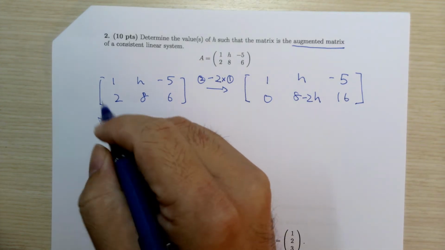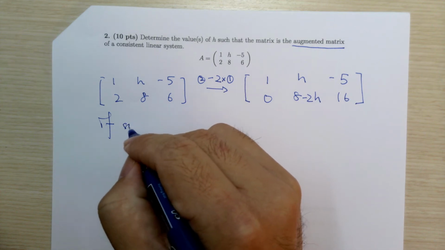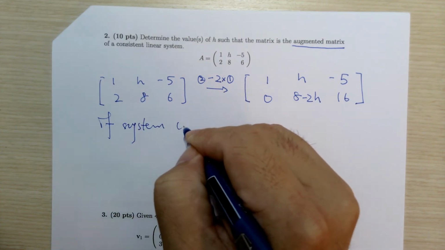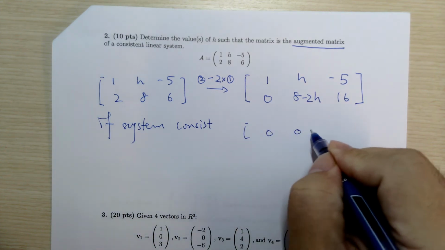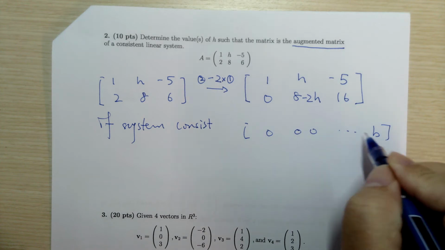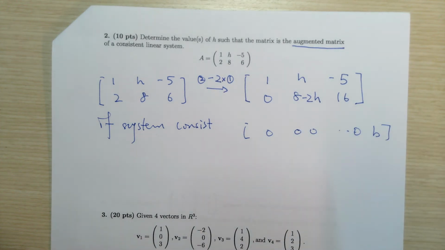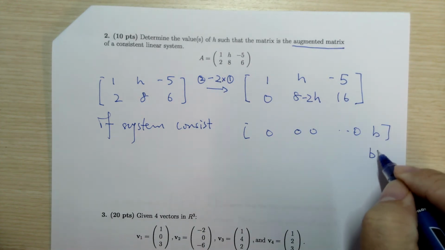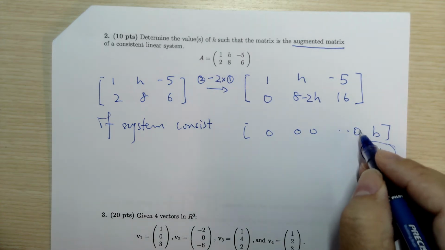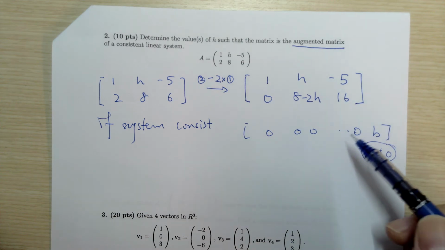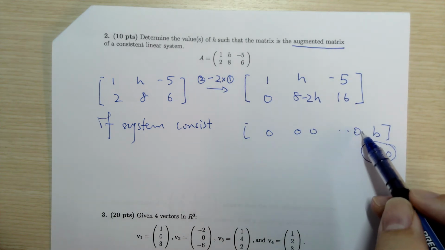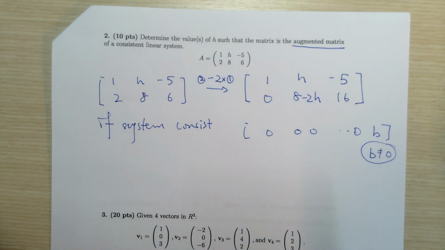So if the system is consistent, you cannot have a row like 0, 0, 0, da da da, b happen, right? I mean, of course, b cannot be nonzero in the last row. Otherwise, that will make our system inconsistent, because, in other words, you're going to get an equation 0 equals some nonzero number, which is not true.